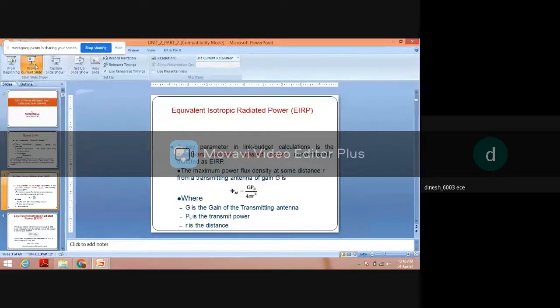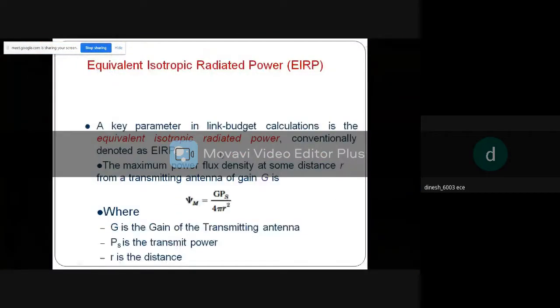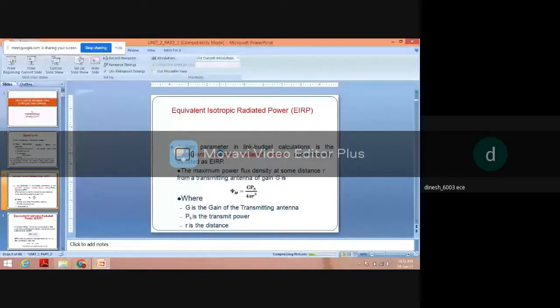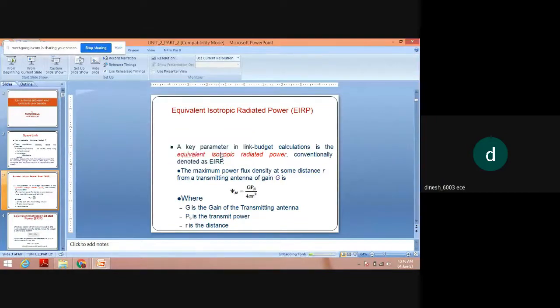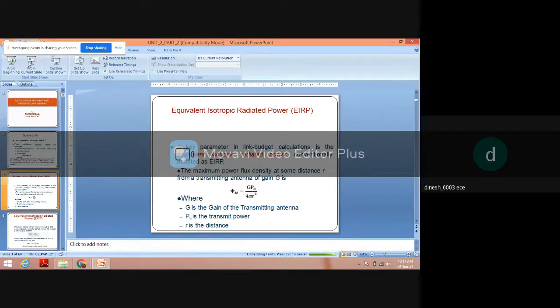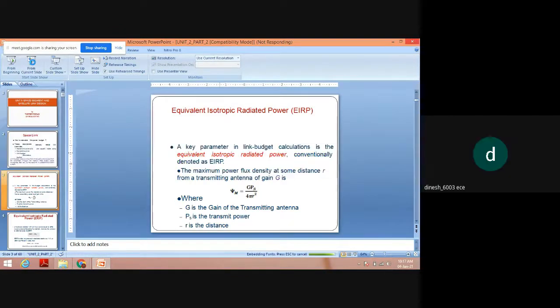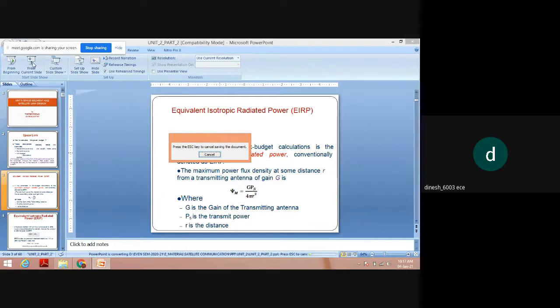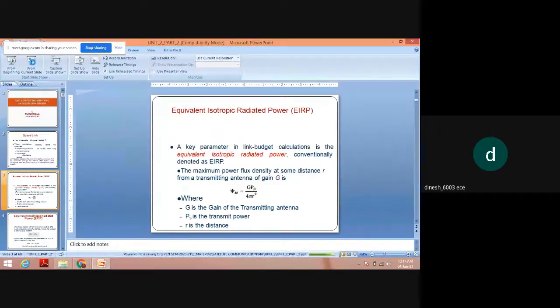It is defined as the maximum power flux density at some distance from the transmitting antenna of the gain.